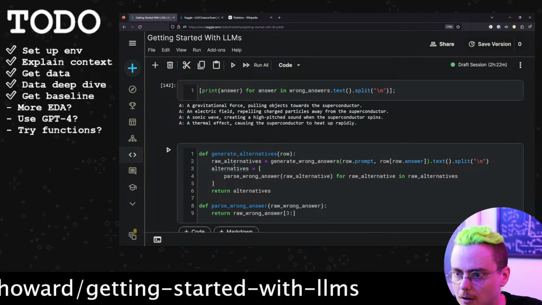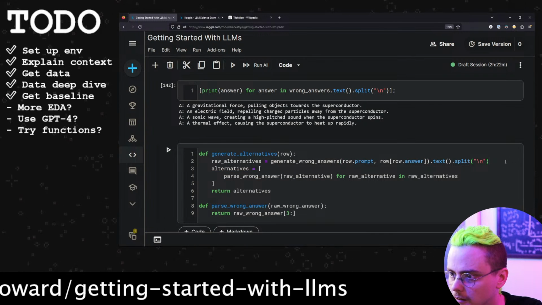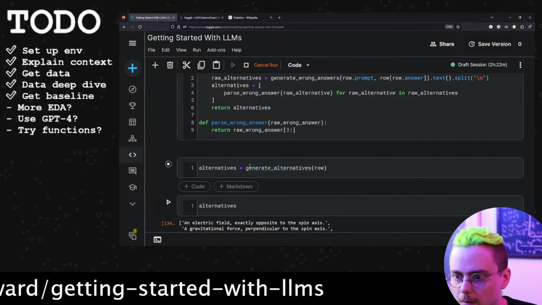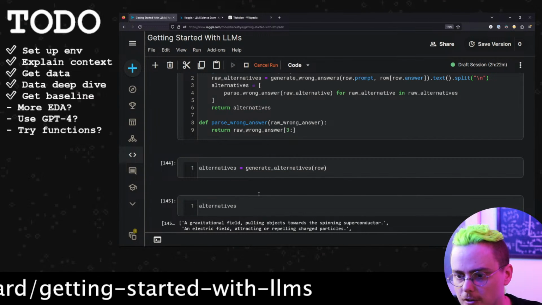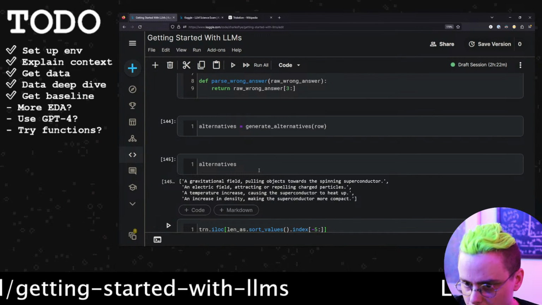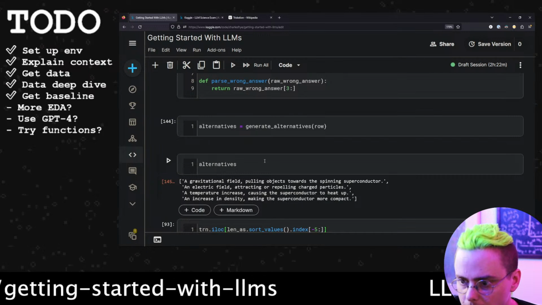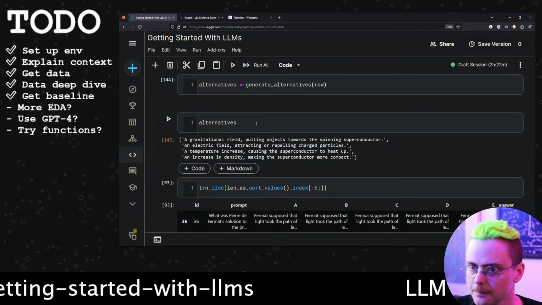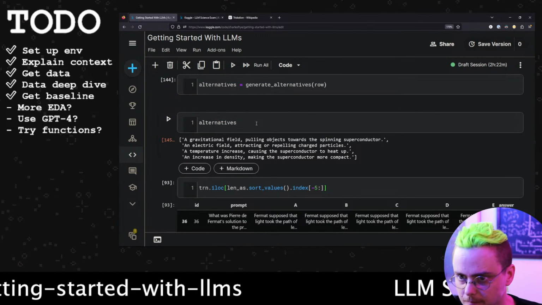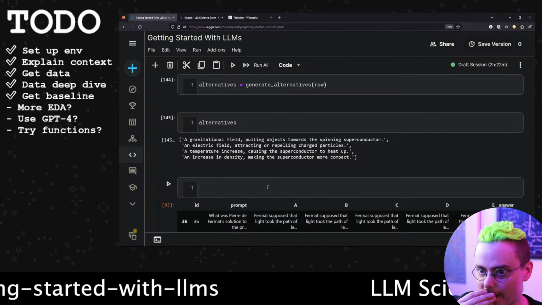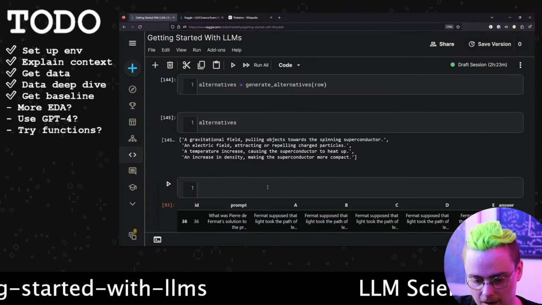Okay, raw alternatives is a list, and great, generate alternatives. Now, this is not that different from what we just ran, but checking that putting it all together worked well. All right, so we got alternatives there.